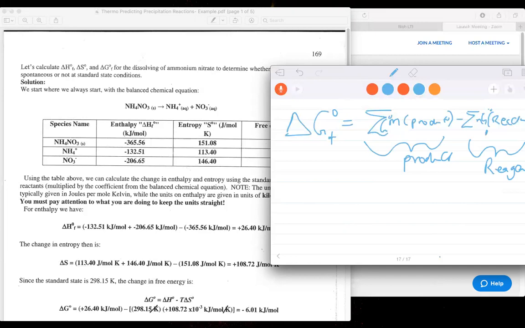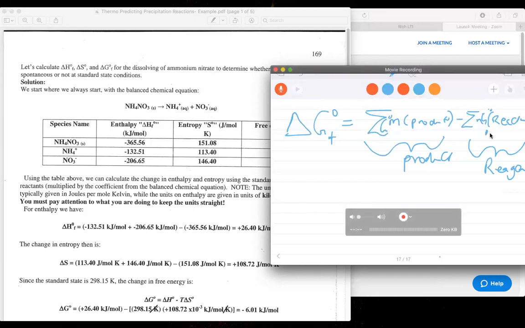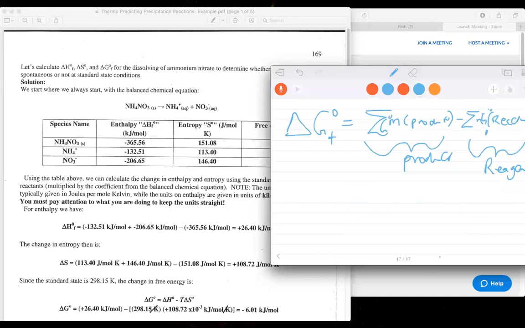In the balanced equation, for example, if I was to calculate for this chemical equation, the coefficients are 1 to 1 to 1 to 1. If it was something else, then we have to plug in the coefficients in the balanced equation to calculate the G naught at standard state. If it is at standard state, you have to refer to the thermodynamic tables, or sometimes you'll be given the values. For standard enthalpy of formation, we do the same thing.